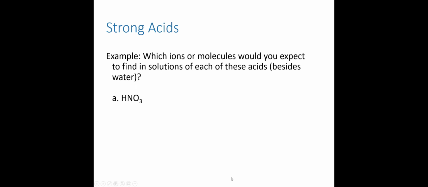So let's take a look at these a little bit more closely. Let's say we had nitric acid here, and we wanted to ask ourselves, what does this actually form in solution? Since this is one of the strong acids, it's going to break up into its constituent ions. So the H becomes protons, and I'm going to write an equal sign here. Let's say that this is aqueous.